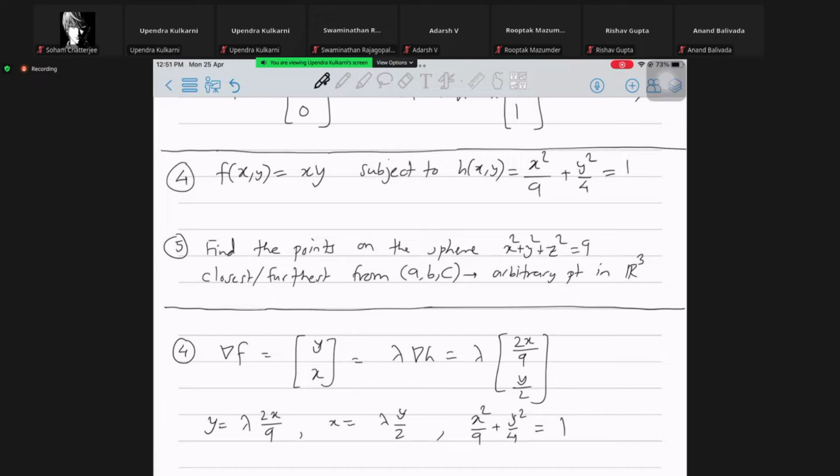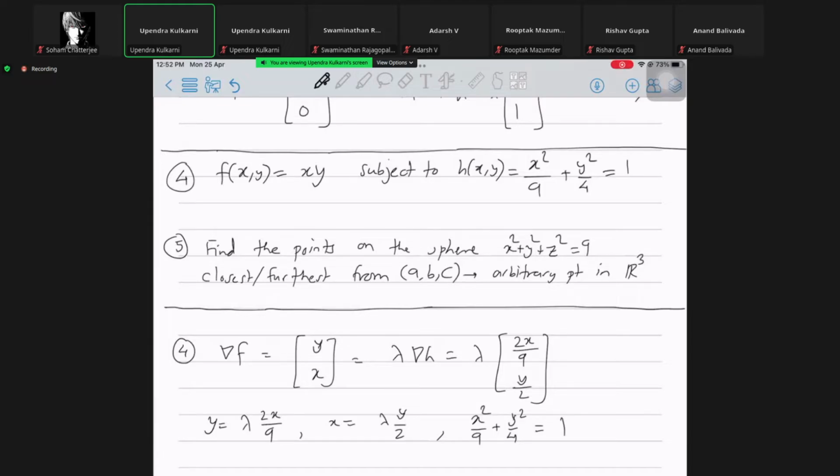Sir, I substituted x is equal to lambda y by 2 into the first equation, and got an equation in terms of y and lambda, and I get that either y is 0 or lambda is equal to plus minus 3. Okay. So I get y times (lambda squared by 9 minus 1) is equal to 0. Correct.